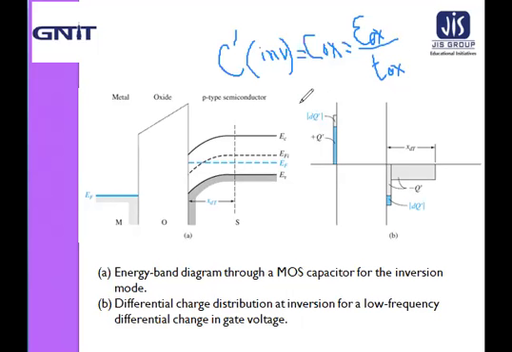Means when the accumulation occurred, then also the capacitance of that accumulation mode was the oxide capacitance, epsilon OX by TOX. Next was the depletion mode. For that depletion mode, the capacitance changed, and after that, when the inversion condition comes, at the inversion condition the capacitance is the same as the oxide capacitance, that is COX equal to epsilon OX by TOX.